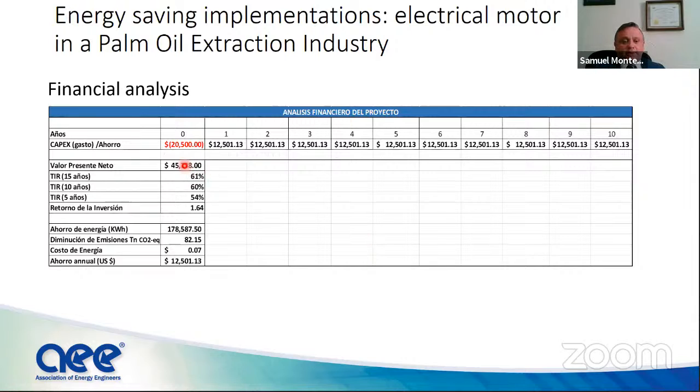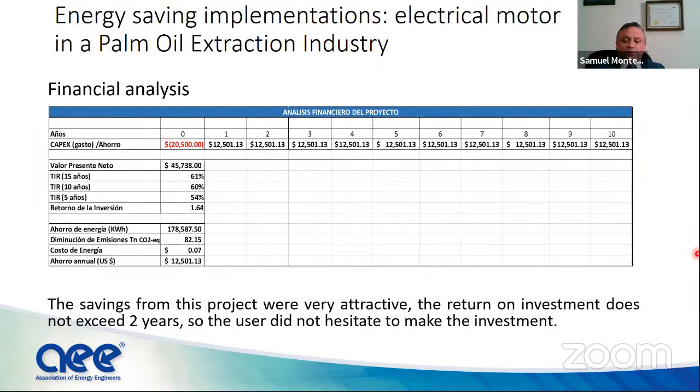Net present value, the IRR. If you look, the savings from the project were very attractive. The return on investment does not exceed 2 years. So the end user did not hesitate to make the investment.